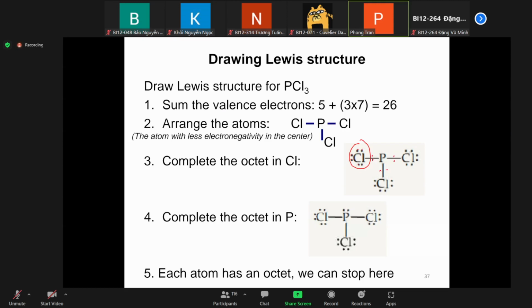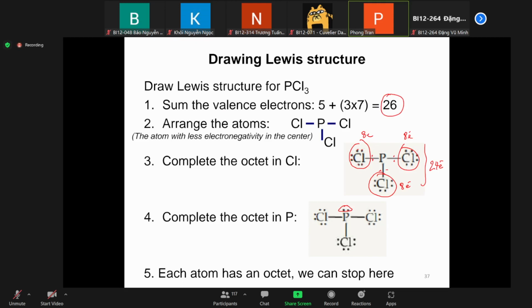So in total each chlorine has 8 electrons. Now what is the total number of electrons you have already used? 8 times 3 equals 24 electrons already. Because you have a total of 26 electrons, you put the 2 remaining electrons on the phosphorus.